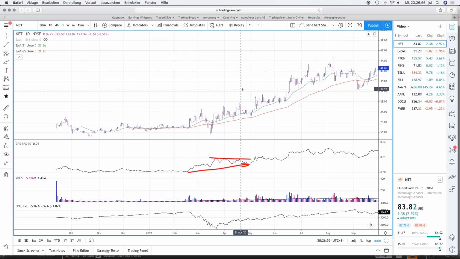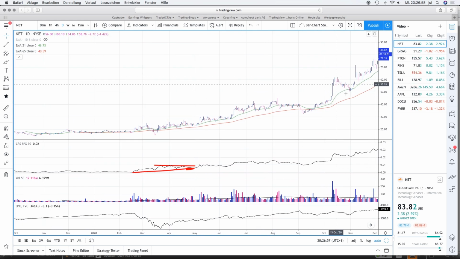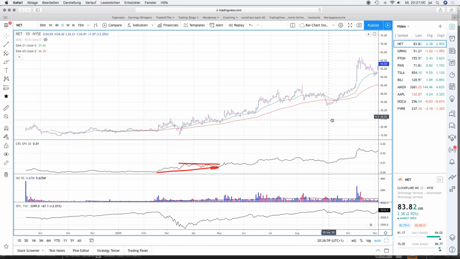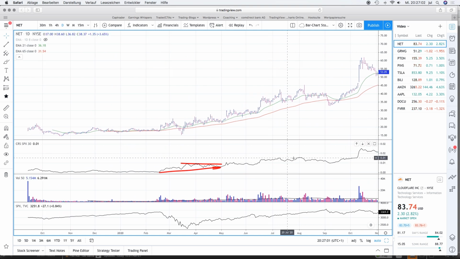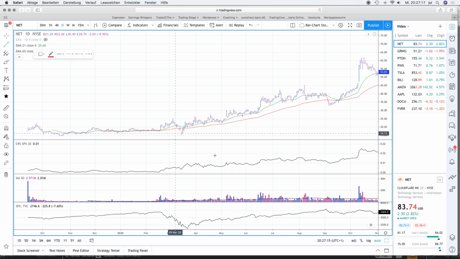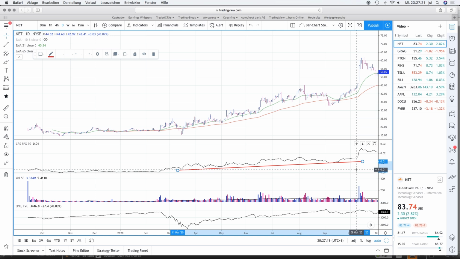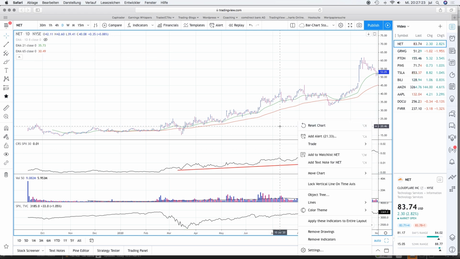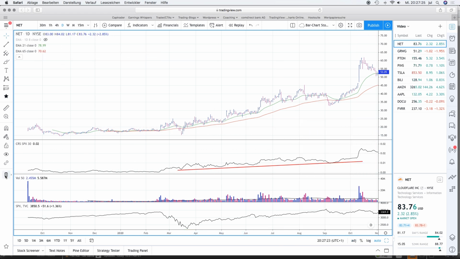And Cloudflare was a very volatile stock here, so you can see always some periods when the RS line is going sideways and also the price is going sideways. But what you must have in mind is always look at the slope. The slope must be upward. This is the most important thing when you look at stocks.